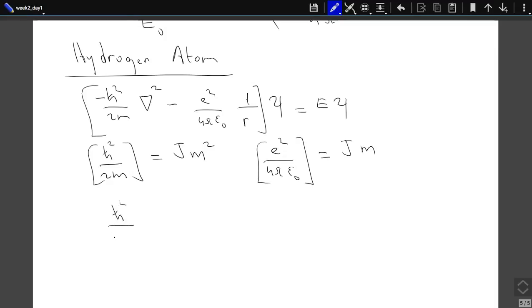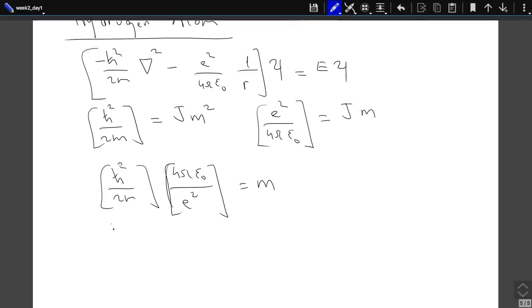So h bar squared over 2m multiplied by 4 pi epsilon 0 over e squared has the units of meter.